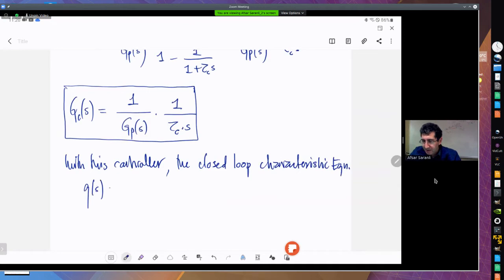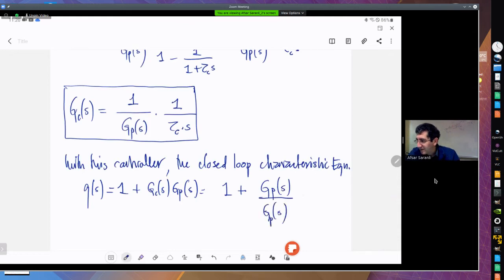Q of S is equal to 1 plus GC of S, GP of S. That is equal to 1 plus, right? You have GP of S over GP of S times 1 over tau C S.